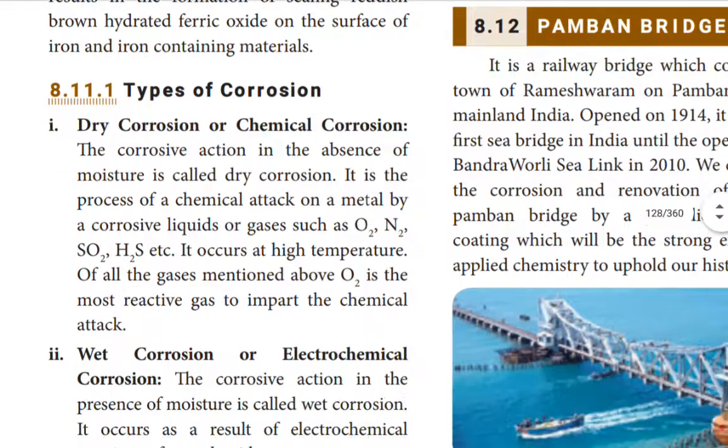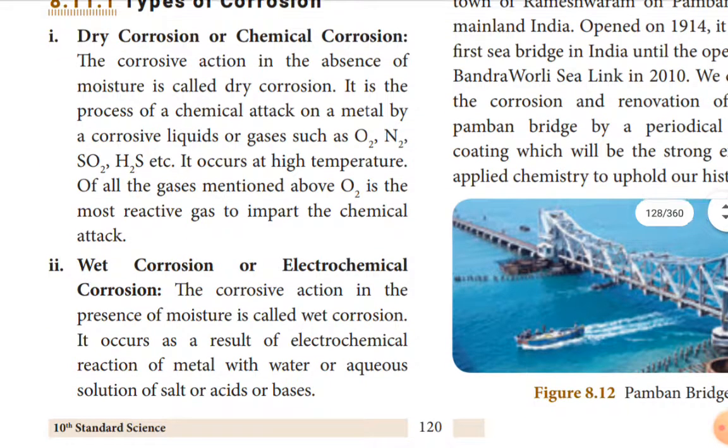Then next one, wet corrosion or electrochemical corrosion. This is the corrosive action in the presence of moisture, in the presence of water, H2O. That is called wet corrosion. The corrosive action in the presence of moisture is called wet corrosion.